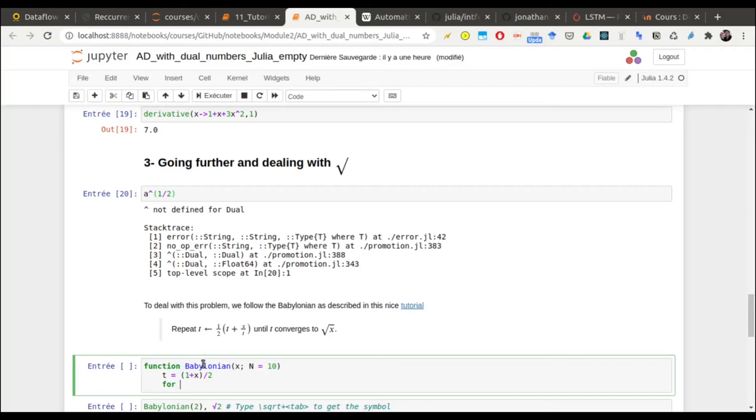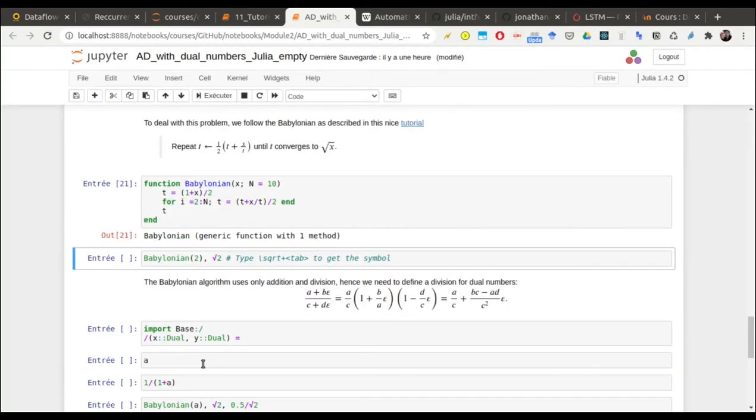So in Julia, you should not be afraid to do for loop. And here it's t plus x over t divided by 2. The end of my for loop, and I'm returning t. That's it.